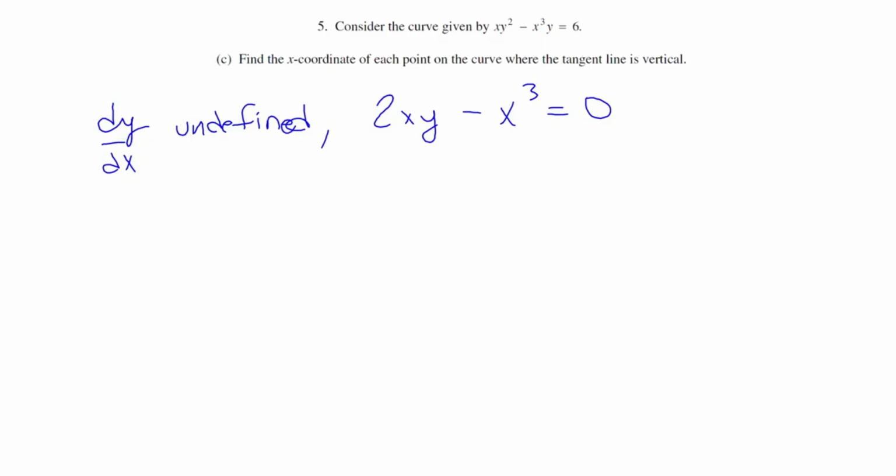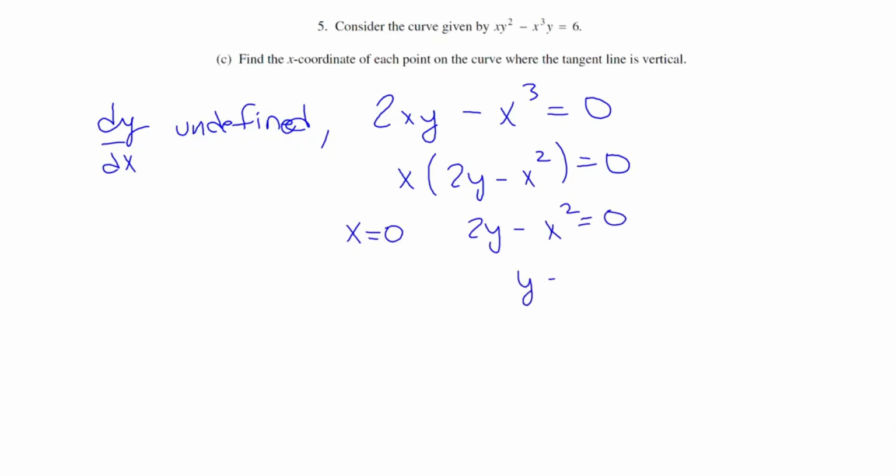Or in other words, if we factor out the x from that, we get x times (2y minus x squared) equals 0. So that will be when x is 0, or when 2y minus x squared is equal to 0, which would be when y is 1/2 x squared.